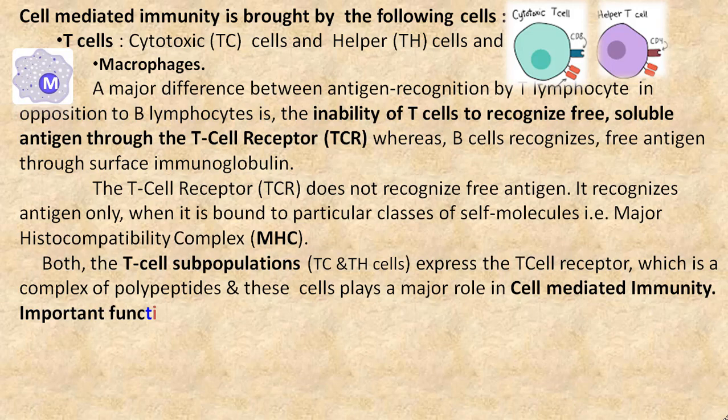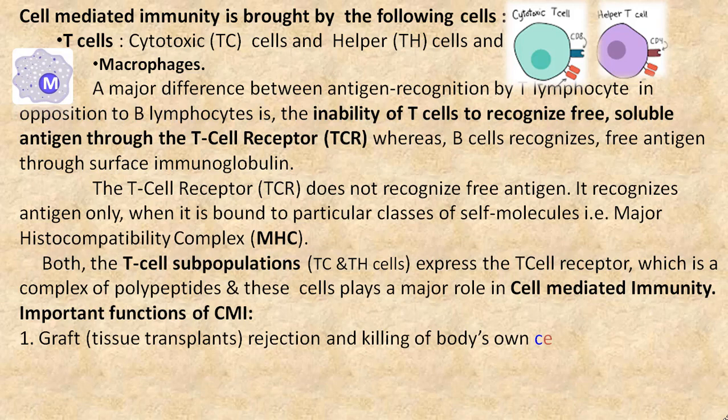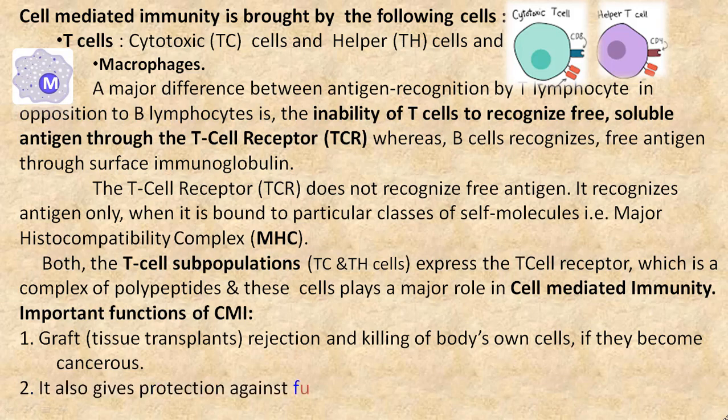The important functions of cell-mediated immunity are graft rejection, that is tissue transplant rejection, and killing of the body's own cells if they become cancerous. And it also gives protection against fungi and protozoa. Hope you have understood the topic.